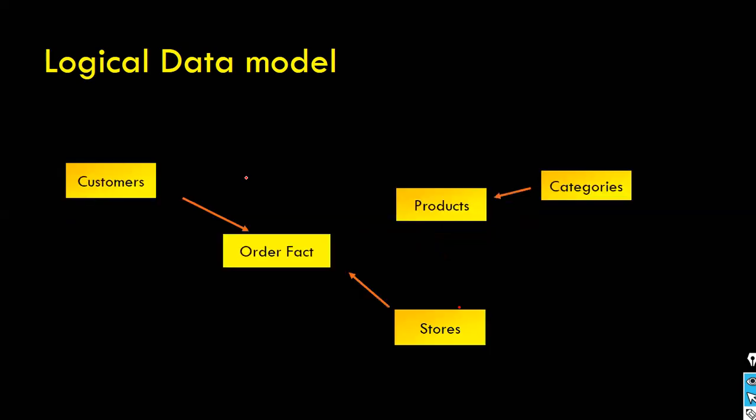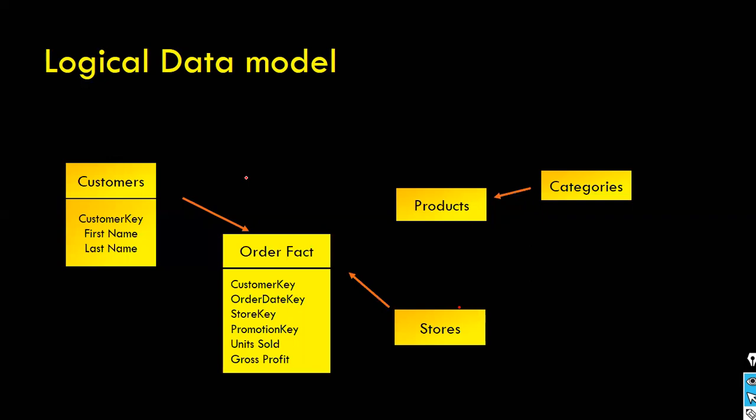In this case, we look at the detailed structure of the database and add the attributes to each entity. Look here in the customers: what attributes are needed? Customer key, first name, last name, address, zip code, primary contact number, mailing address, all these things. And then in the order fact, all the attributes that are required will be identified as part of the logical data model and design phase.